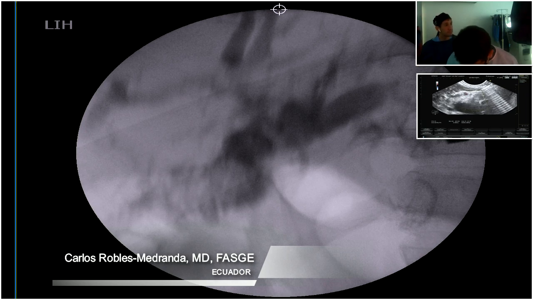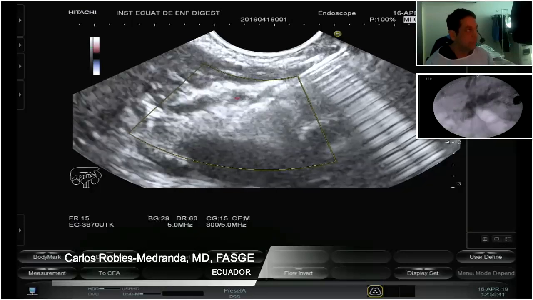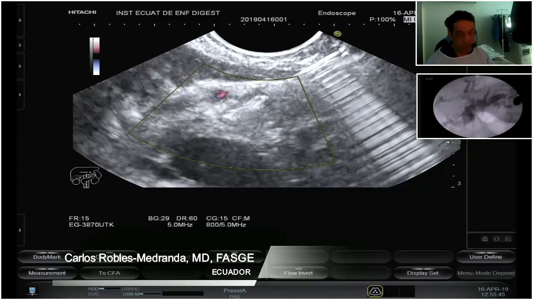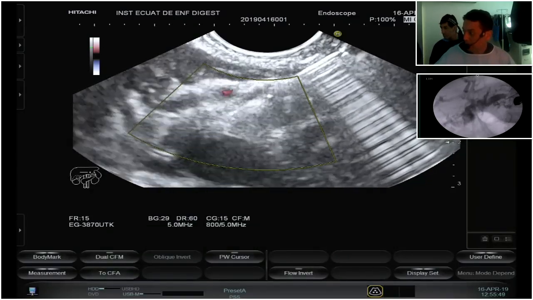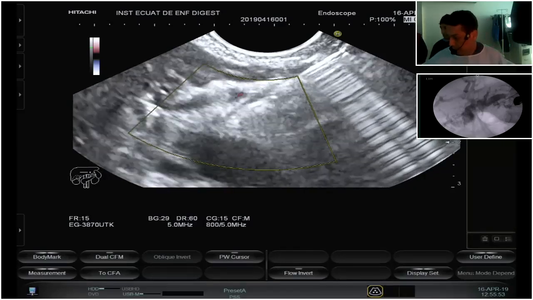Cógeme esto. El cable. Ok, listo. Solo tenlo en la mano. Gracias. Sí. Ok, dame la imagen de ecografía, por favor. I will clean up. Esa vamos a mandar a patología. El líquido. No, ahorita ya no se puede.